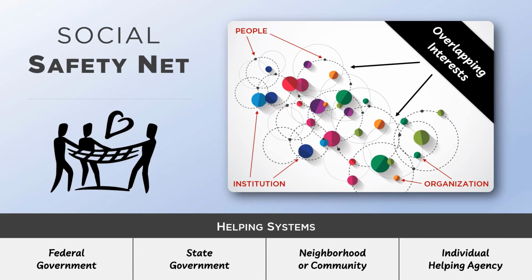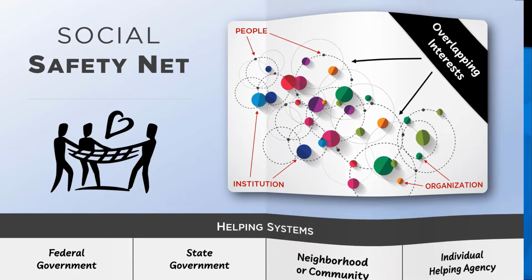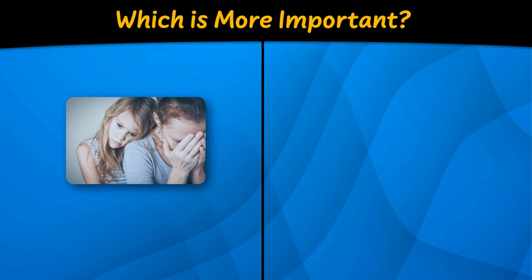Fortunately, care networking technology, which increases communication and cooperation among diverse helping agencies, and an effective referral system can easily strengthen a social safety net, making helping others more effective.